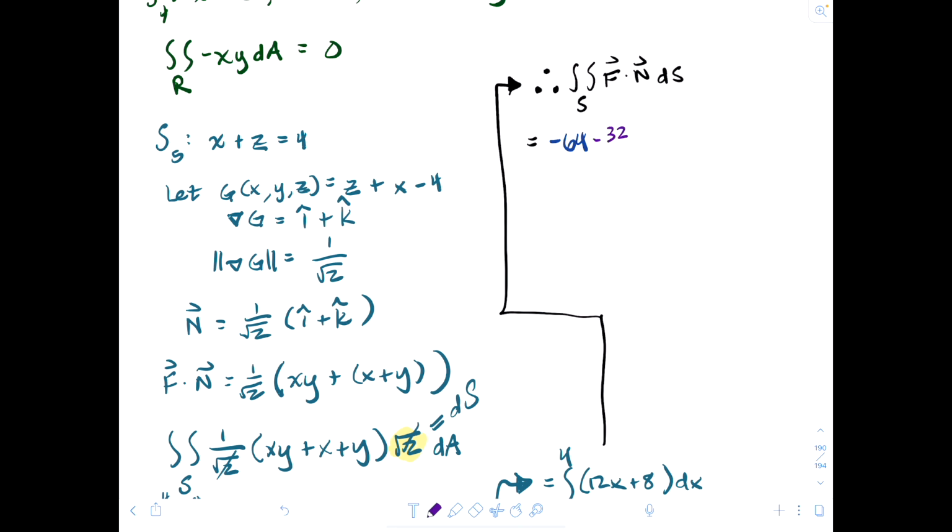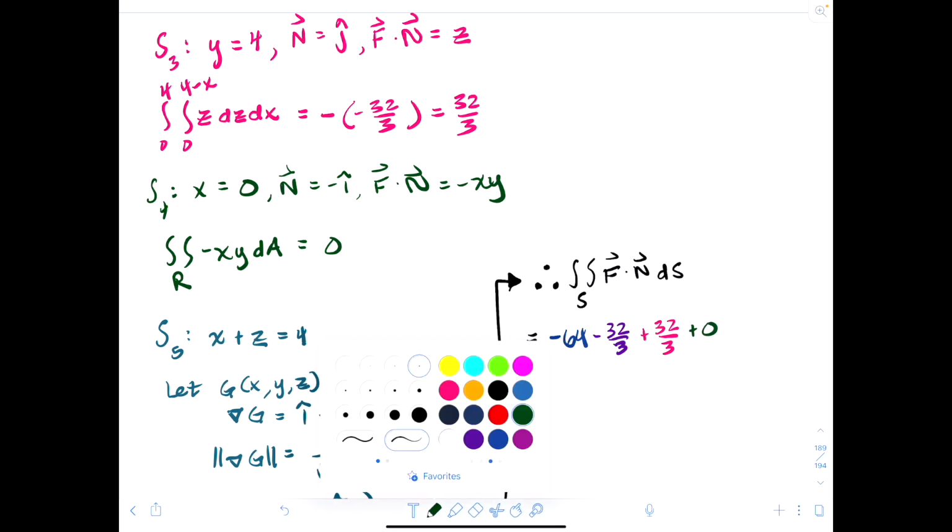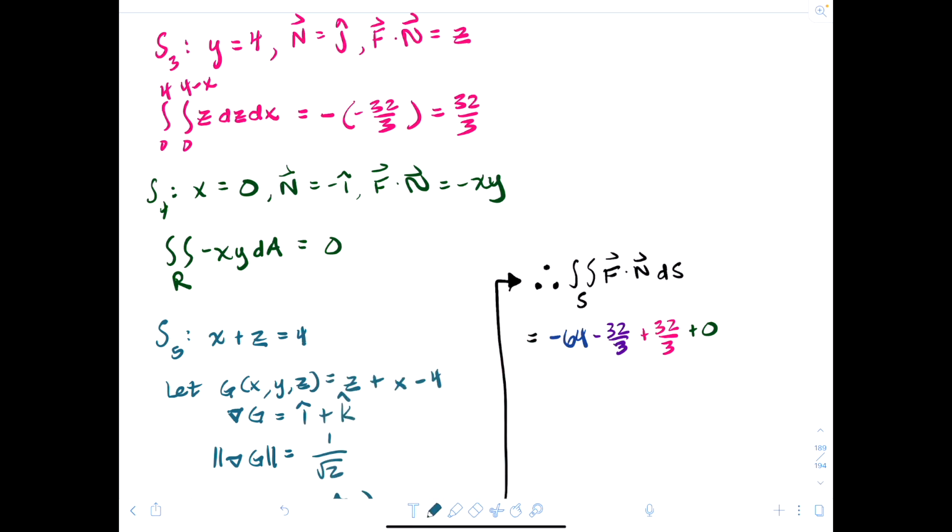So minus 32 thirds. And then the third one was plus 32 thirds. That fourth one was 0, so plus 0. And our fifth one was 128. And so at the end of the day, what do we get? We'll end up getting 64. Cool, cool?